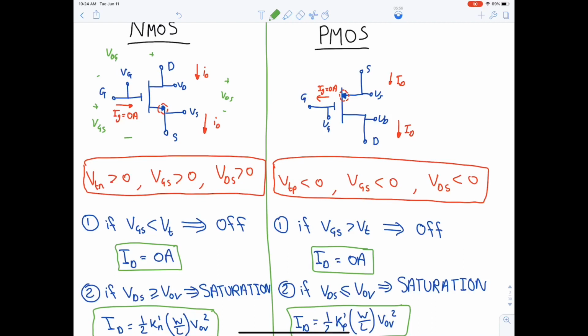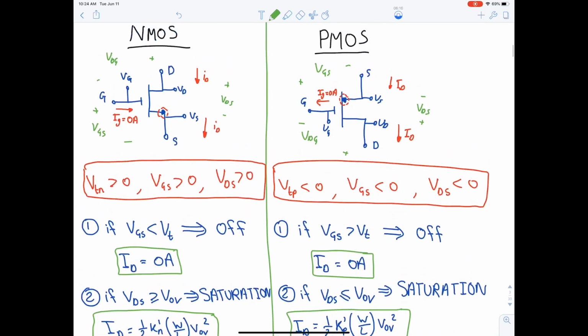So VDS is here, as in NMOS, and we also have VDG and VGS like this. Now, all the voltage drops in NMOS have to be positive, greater than 0. And all the voltage drops in PMOS are less than 0.